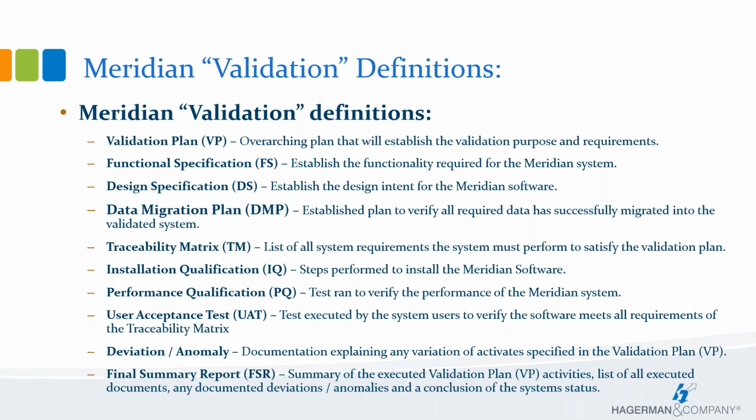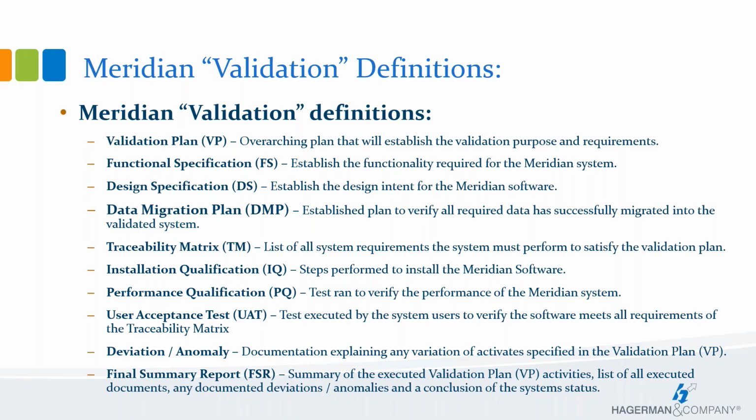Next, it's a good idea to have a functional specification. This just establishes the functionality requirements of the Meridian system. So there's no question down the road of, hey, do we want our system to do X, Y, and Z? It's already been established, and there's no question about what the purpose of this system is. It's already defined in this functional specification, or the FS.